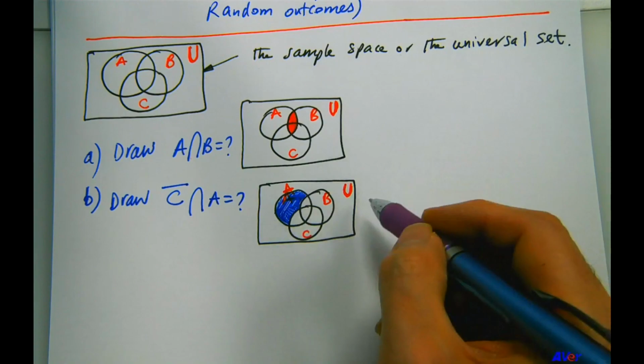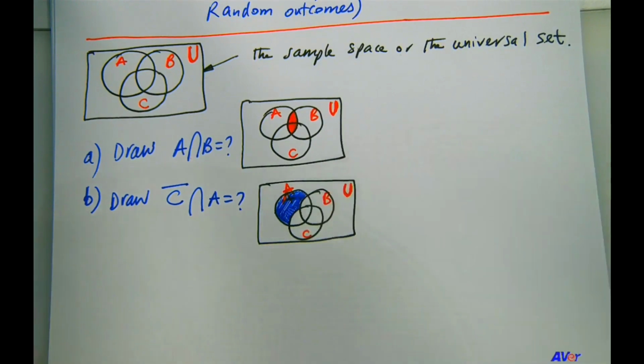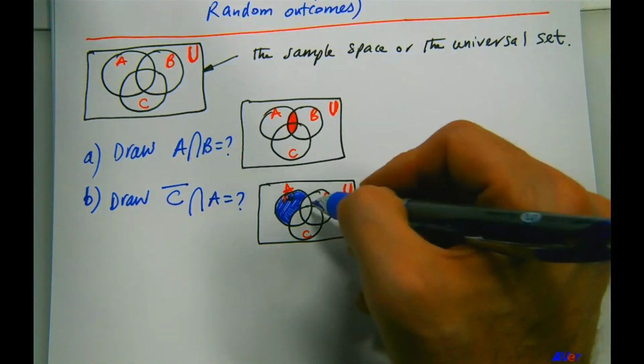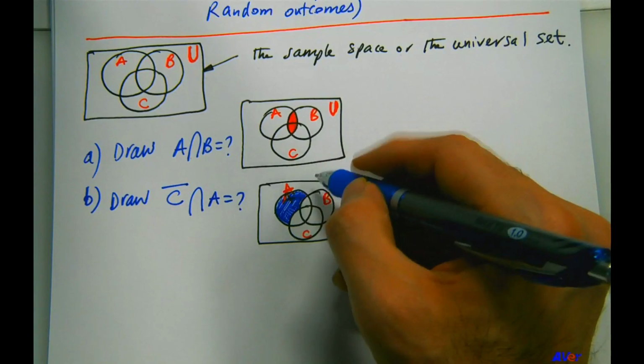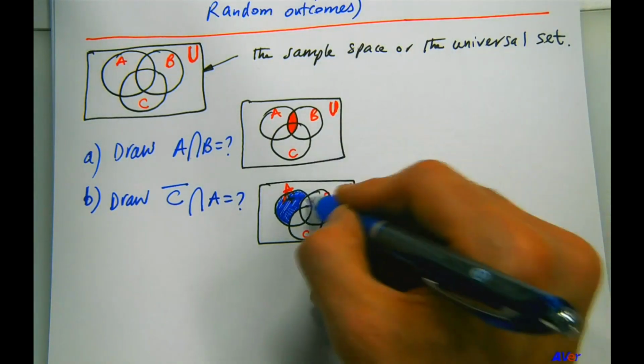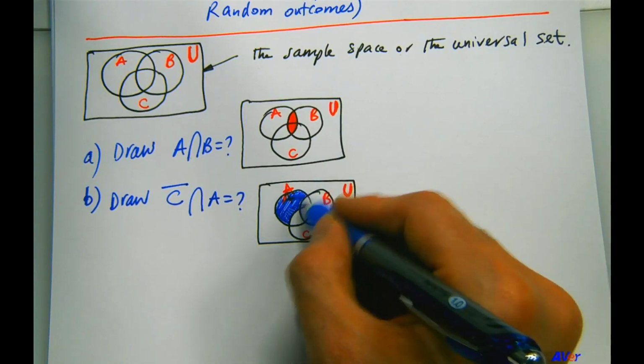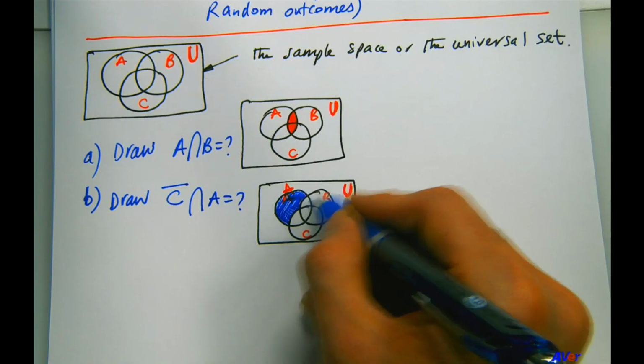Okay? I also just saw that I need to cover up this piece as well, right? If I do that, it's going to cover that line, but I guess it doesn't matter.